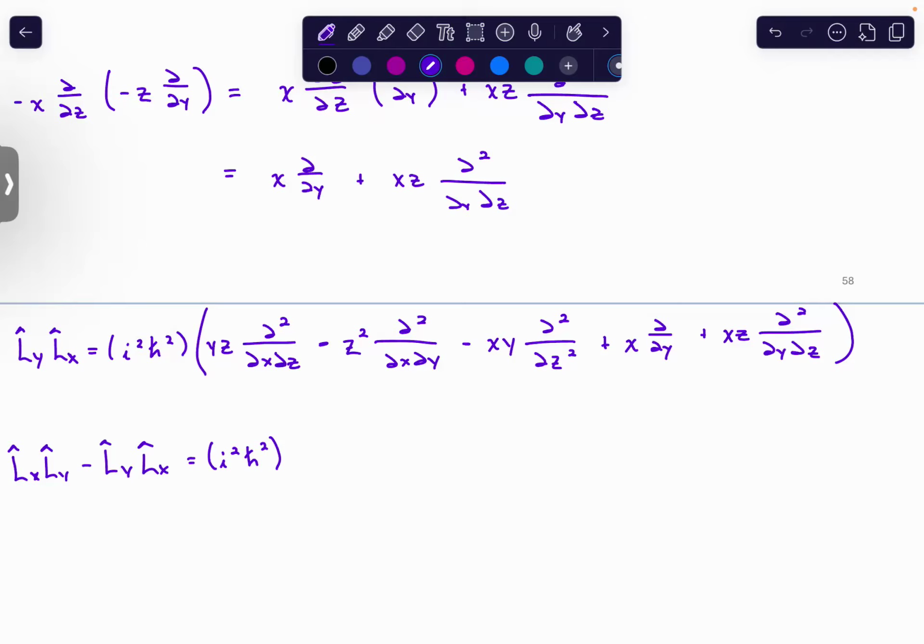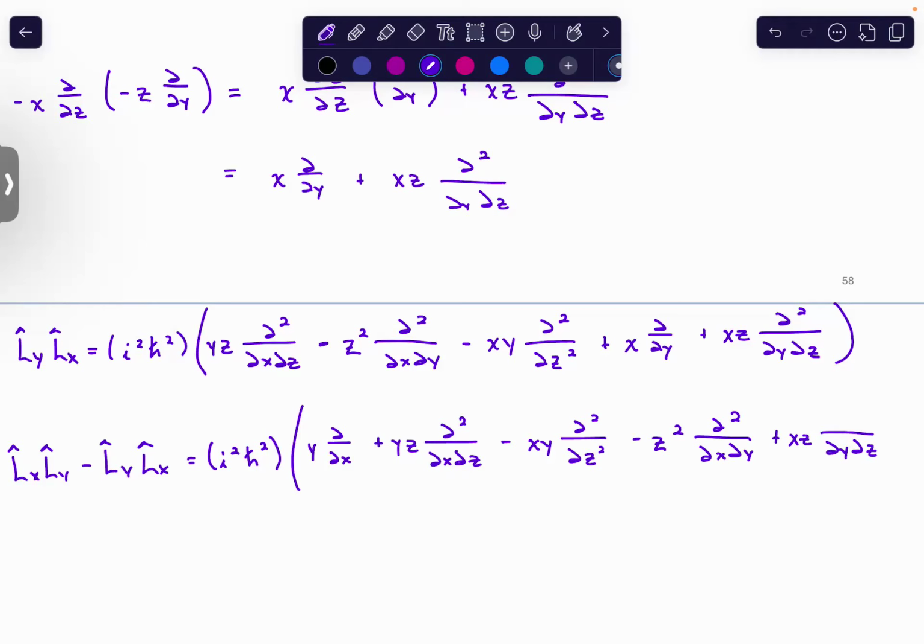All right, so when I put these all together, you need your terms from the Lx Ly, we're going to get Y. This is going to be a long one. Okay, that takes care of our terms from Lx Ly.